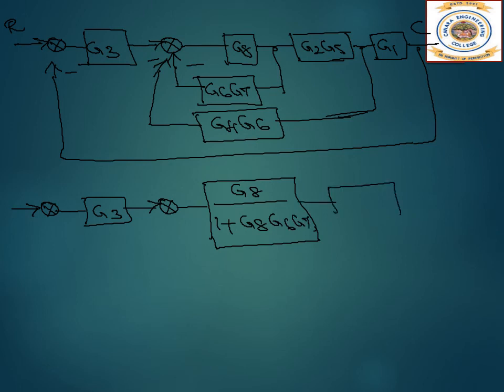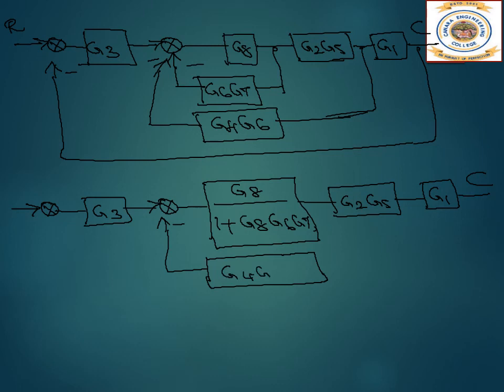So this is G2, G5. And here we have G1, C. So minus, here we have G4, G6. It comes here and this, it comes over here. Negative feedback. Now we have to simplify this.